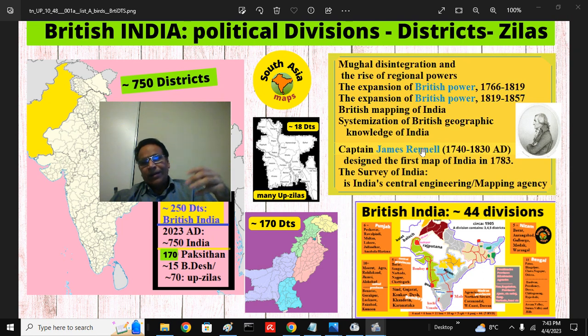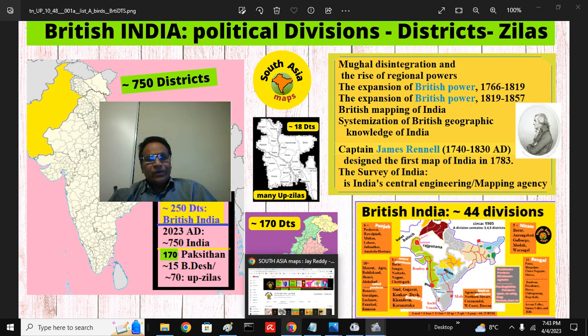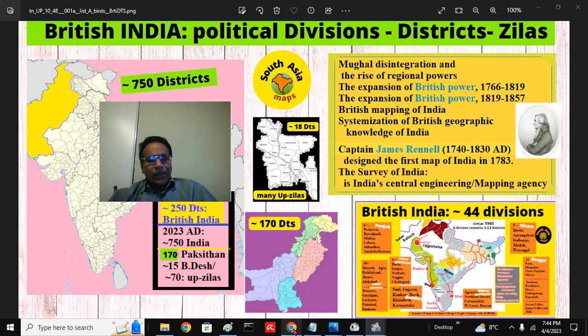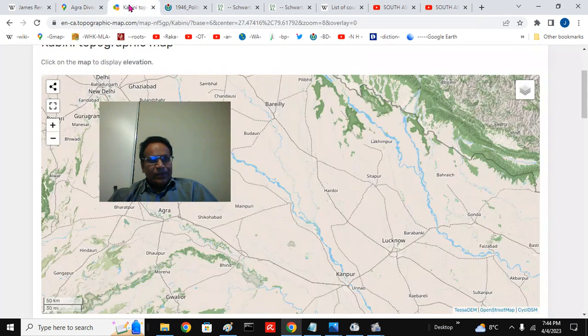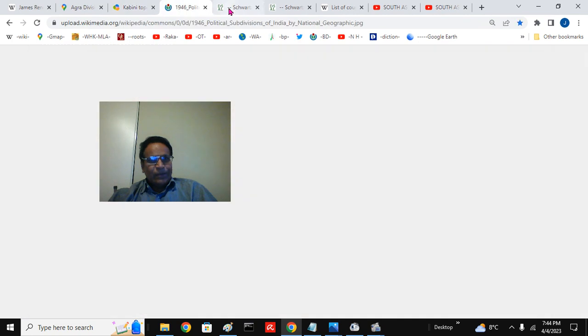Later, after the Sepoy Mutiny, the British almost consolidated India and organized many districts. More or less they remained with some minor changes, and that is the key to the modern political divisions of modern India.